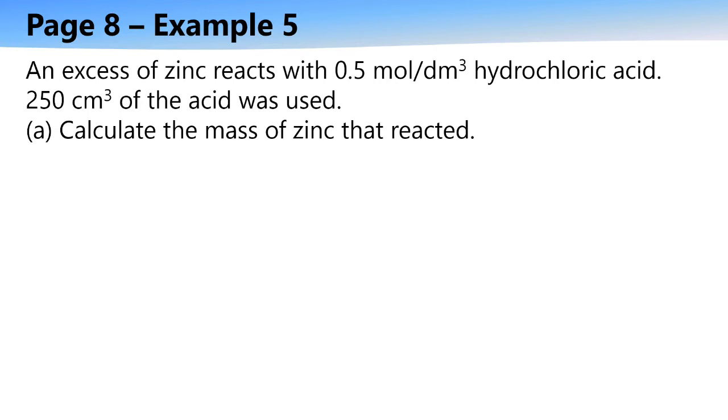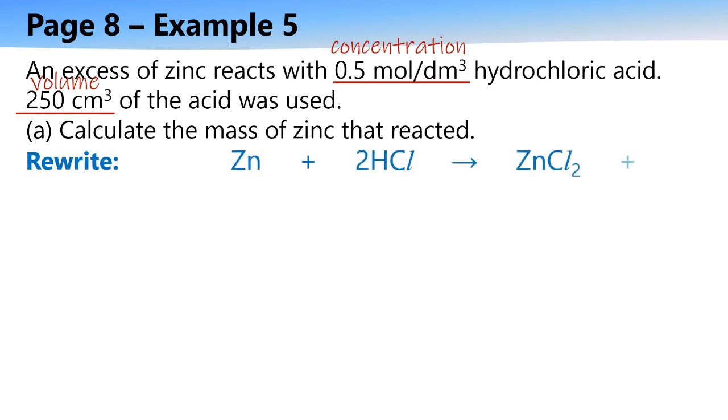Calculate the mass of zinc that reacted. Before I rewrite the equation, I highlight the quantities in the question. 250 cm3 is the volume of acid, and 0.5 moles per dm3 is the concentration of the hydrochloric acid. So these are our given things. So we rewrite the equation.